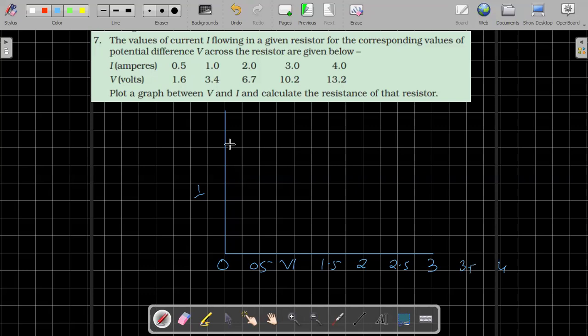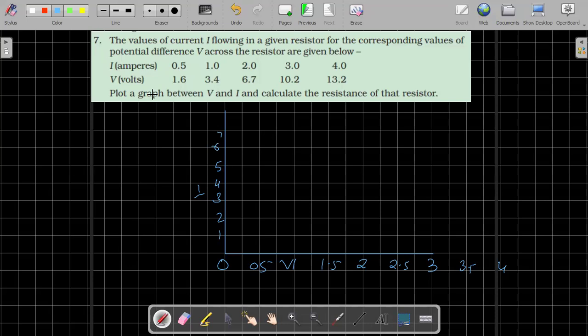So let's try to take current in terms of 1 unit each. So we take this one 1, 2, 3, 4, 5, 6, 7, and so on.